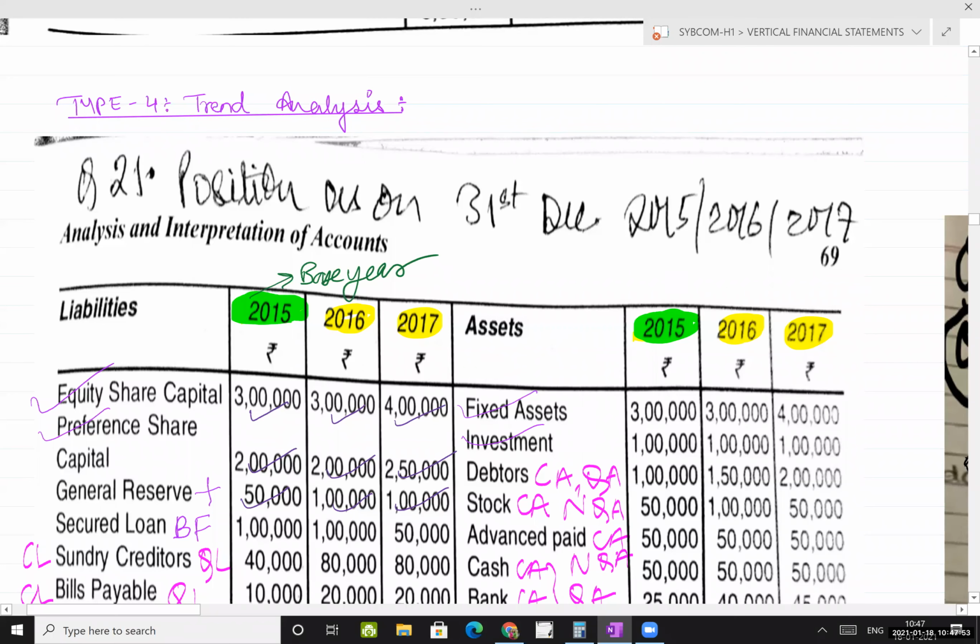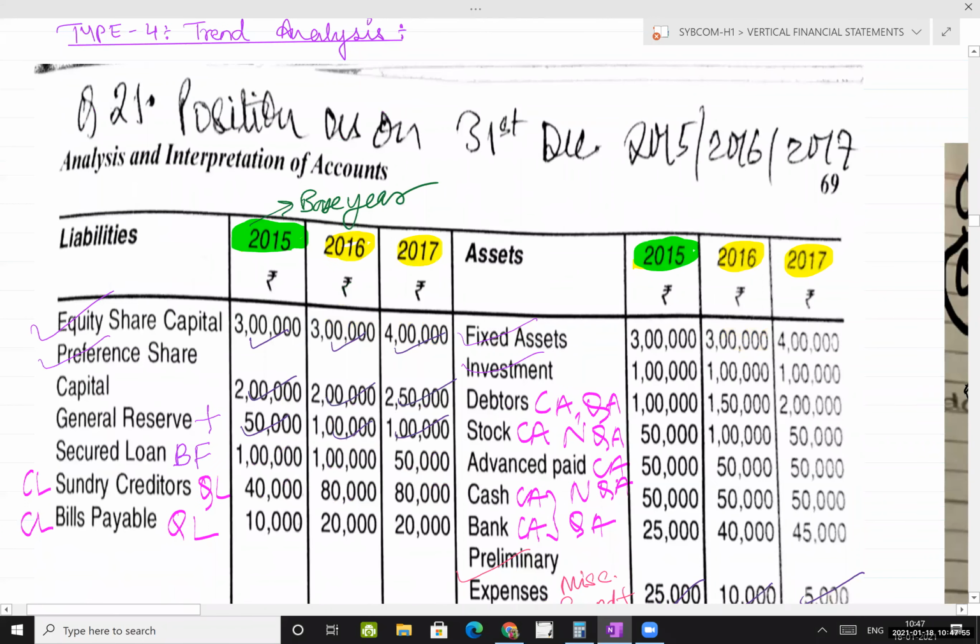Equity share capital, we know where to take, own funds. Preference share capital not given. Reserves and surplus, add. Secured loan is borrowed funds. Sundry creditors is a current liability under the category quick, and bills payable is a current liability under the category quick.